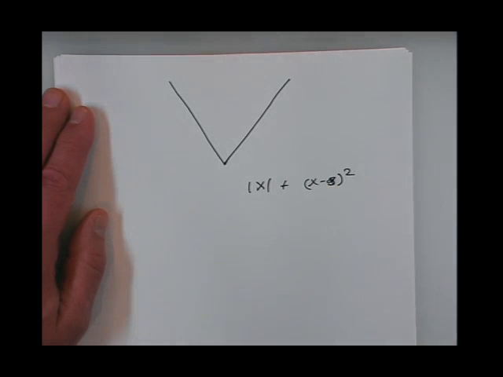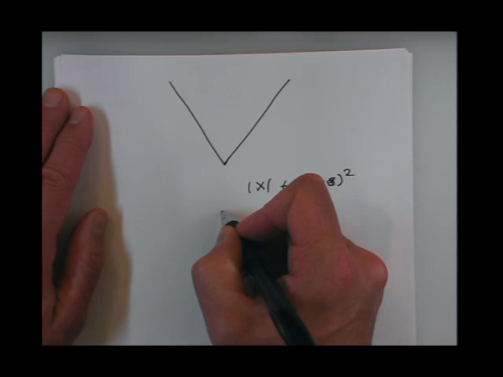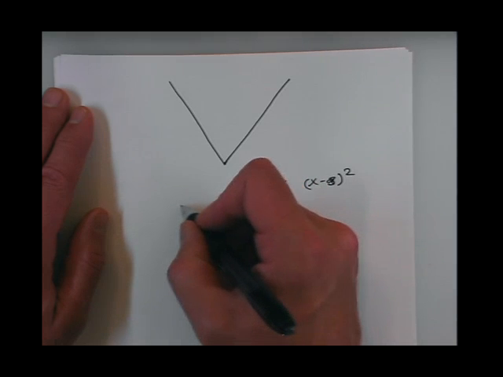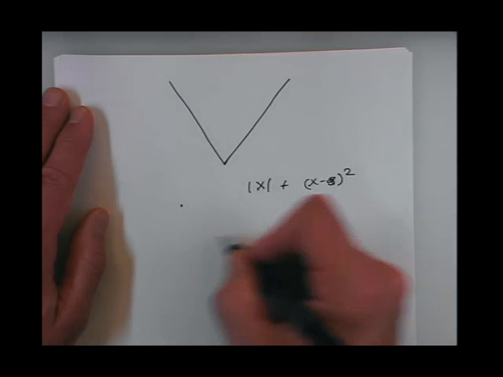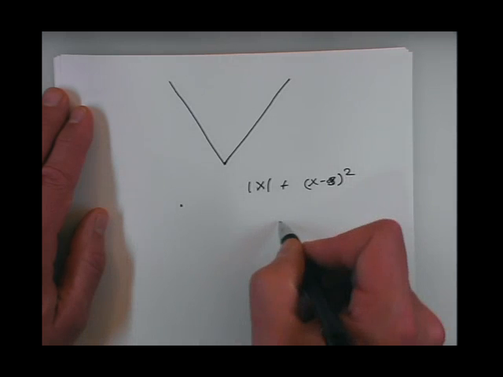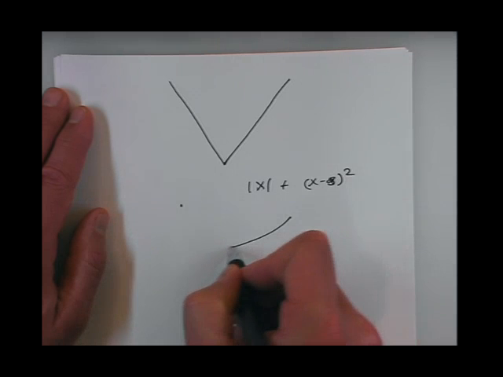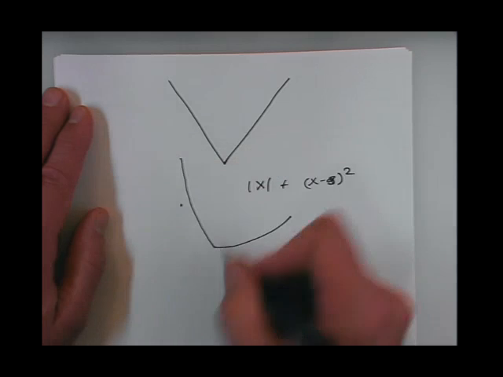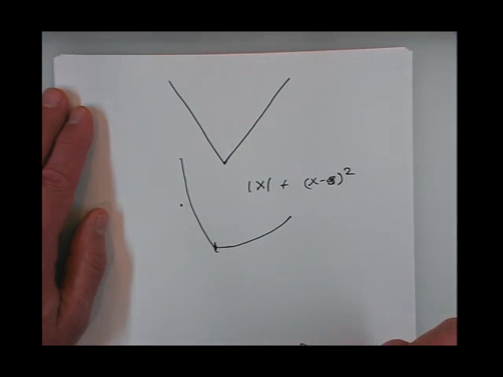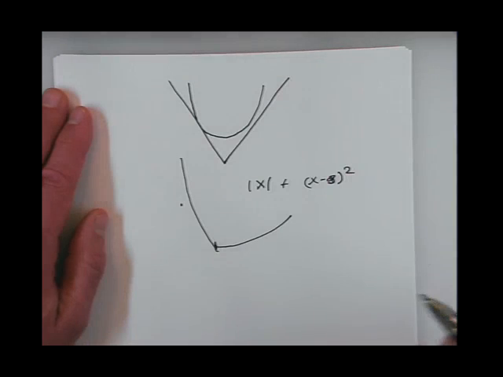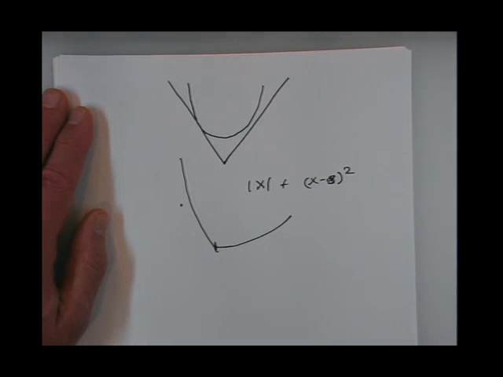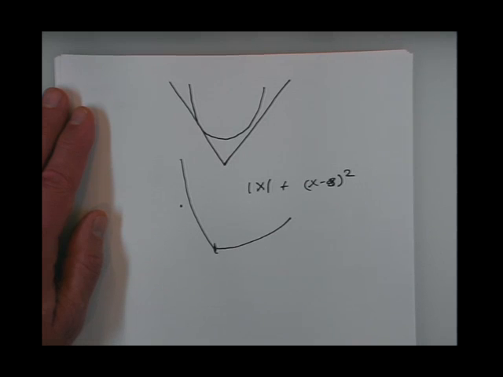Now the overall function will look something like this, and it might be that the solution doesn't even fall here. When I put this quadratic here, it's going to shift the minimum around.